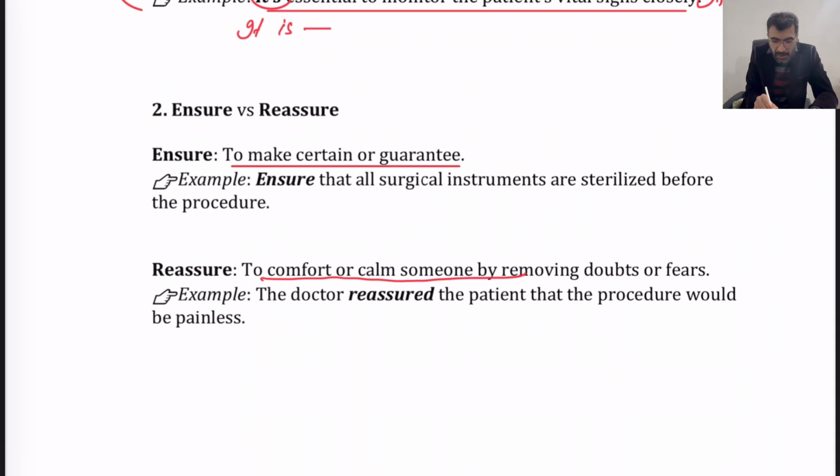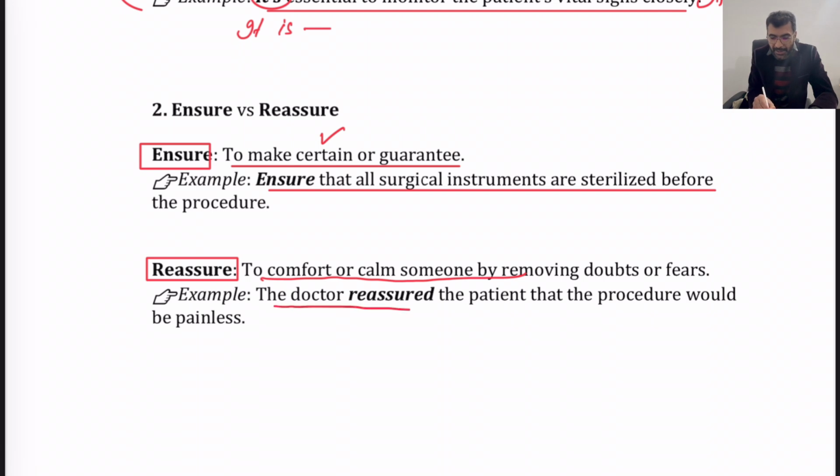An example of ensure: ensure that all surgical instruments are sterilized before the procedure, like make certain. Reassure means to calm down someone, to comfort someone. The doctor reassured the patient that the procedure would be painless.